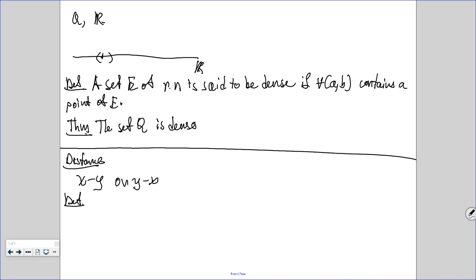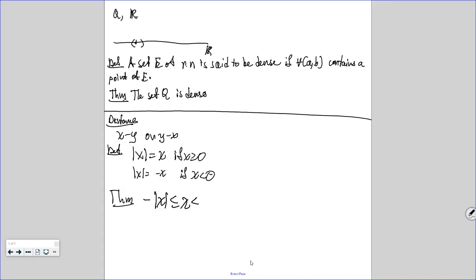Absolute value is a function which is equal to x if x is greater than or equal to 0 and equal to minus x if x is less than 0. And it has some properties.